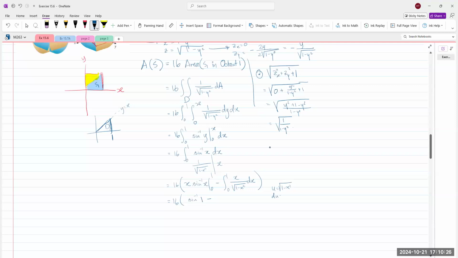So du equals negative of x over square root of 1 minus x squared dx. So u at 0 is 1, u at 1 is 0. So that's the integral from 1 to 0 of negative du.